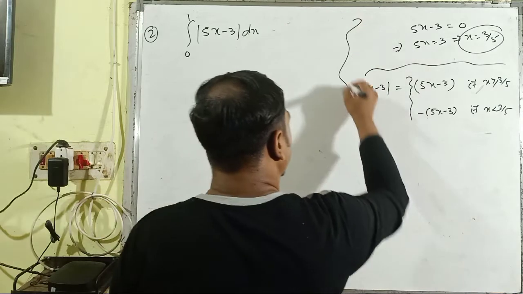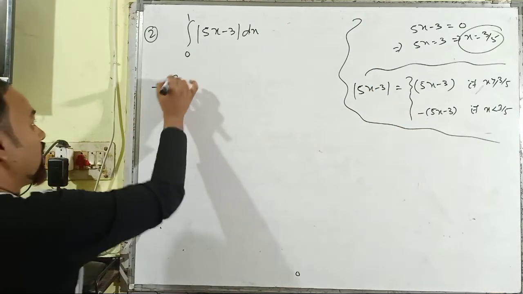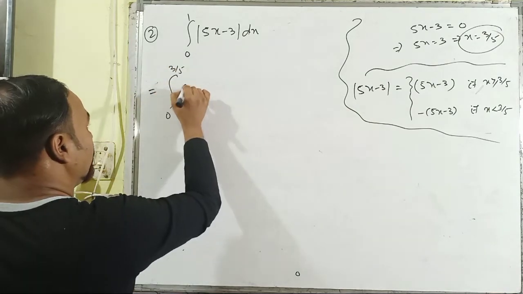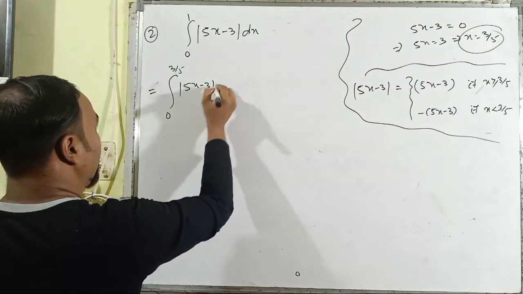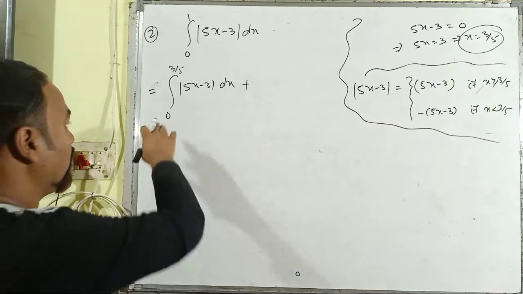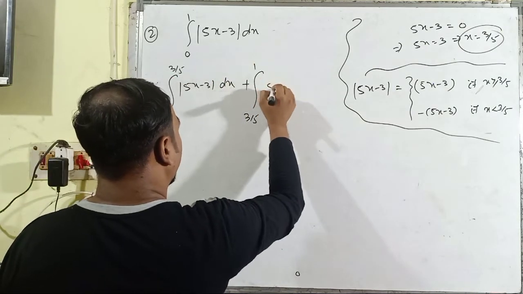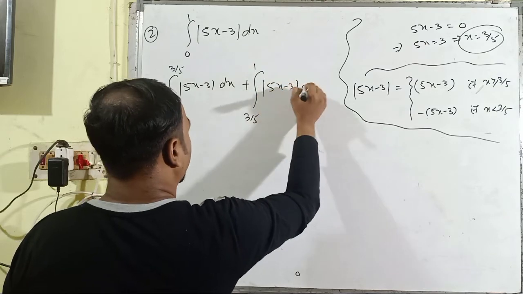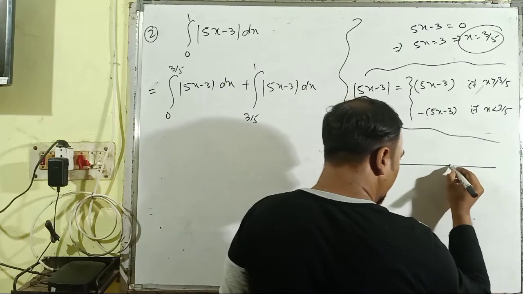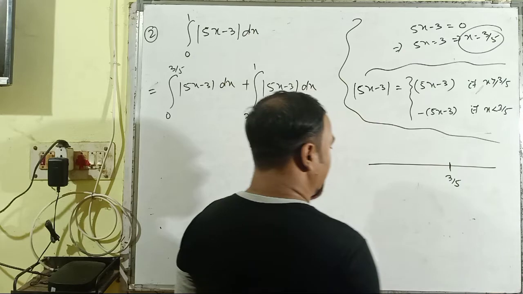We have to use these fundamental tips in this problem. First, let us separate these functions at the point 3 by 5. The first one is the modulus of 5x minus 3 with respect to x from the lower limit 0 to 3 by 5, and another is from 3 by 5 to 1 of the modulus of 5x minus 3 dx.